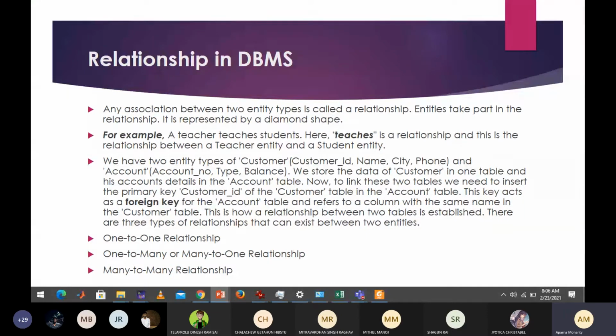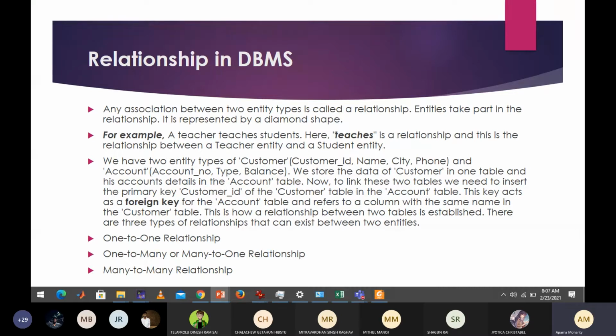So what is that key? Suppose customer ID is one key which is common between both the tables. In the customer table there is a customer ID and other details, and in the account table also there is a customer ID and other details. If that is the case, you can relate both of them using that key, for the customer as well as for the account.